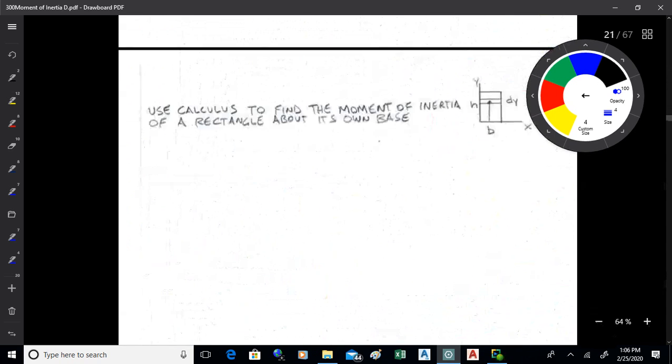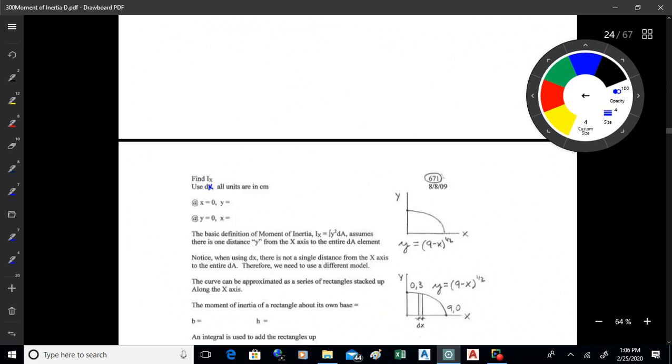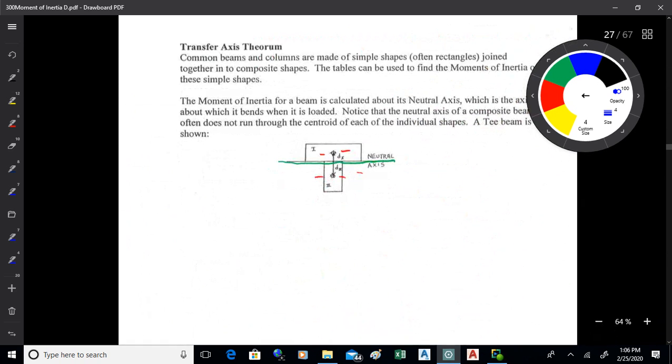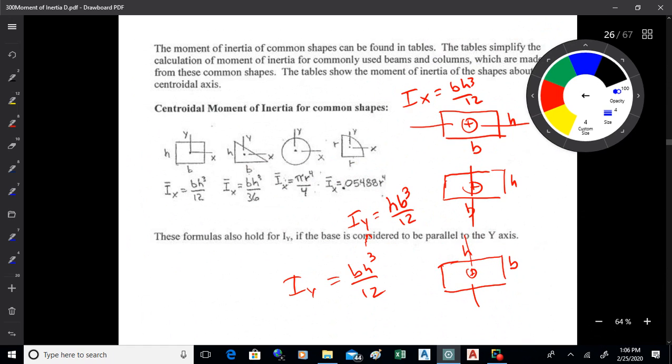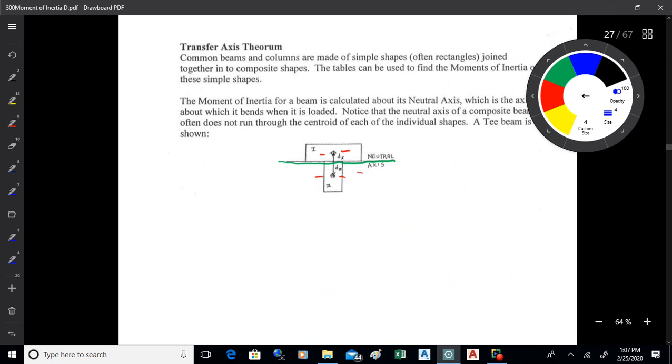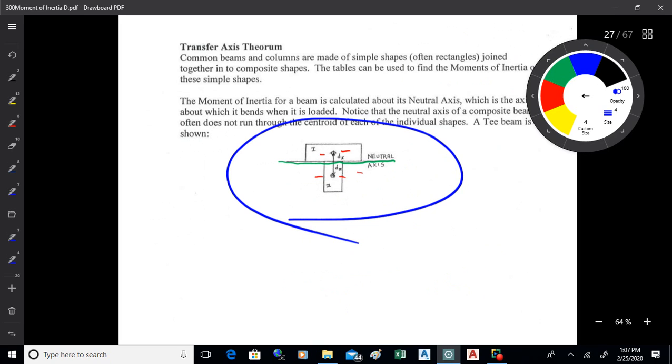All right, and then we can calculate this idea of moment of inertia. When you're doing practical everyday engineering, you're going to use an algebraic approach. You're going to break the object up into a bunch of smaller shapes, usually rectangles for most of the standard shapes we use. It could be circles as well. And then you use what's called the transfer axis theorem. Because when you have composite shapes, like a T-beam, the centroid of the shape, which is what the table will give you the moment of inertia about, is not on the neutral axis typically.